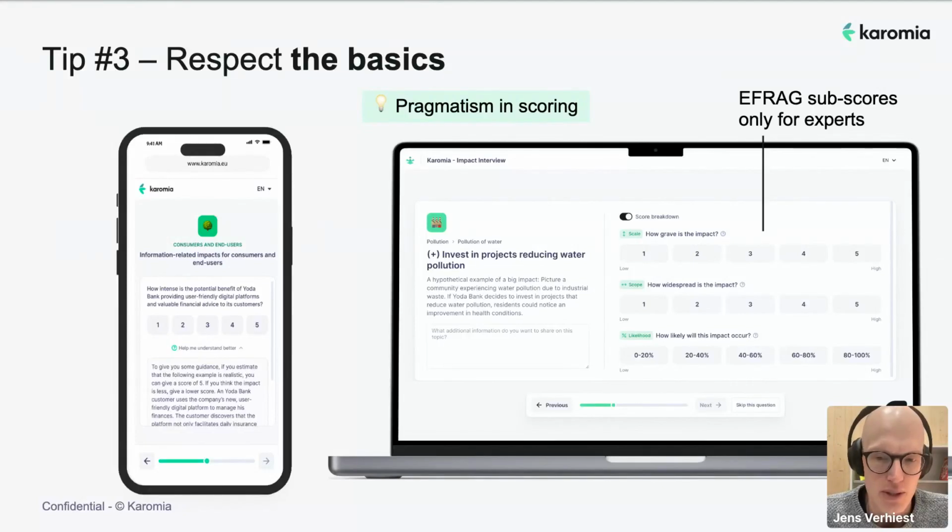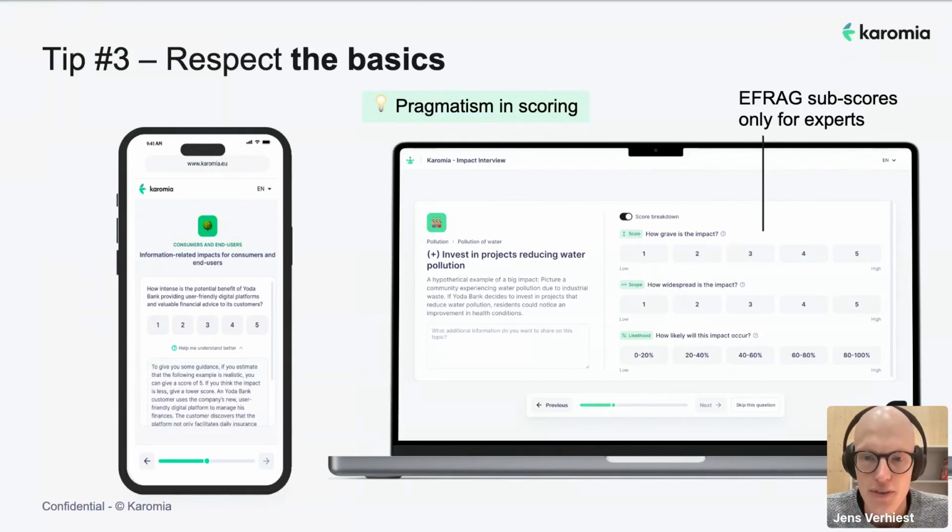So what we do is that we ask only experts or people who have knowledge about a certain topic to go to the subscore level as defined by IFRAC. In all other cases, we ask people to respond on a more general severity score. But the fact that we are pragmatic and that we allow, let's say, people that have less expertise to still give their opinion, but then the experts to dig deeper and zoom in, is something that is very, very much appreciated.